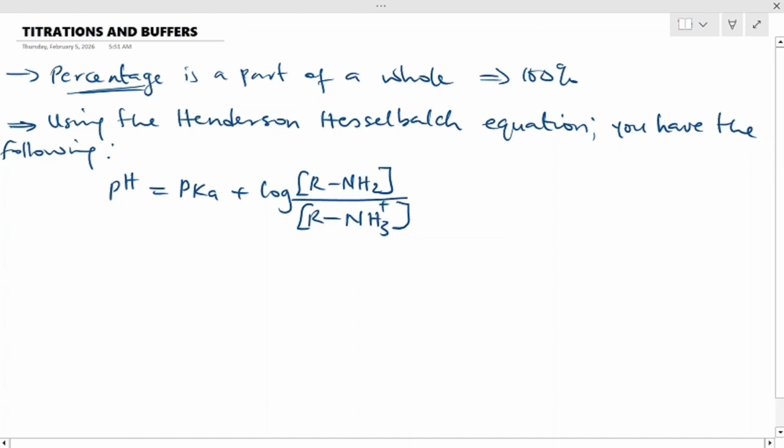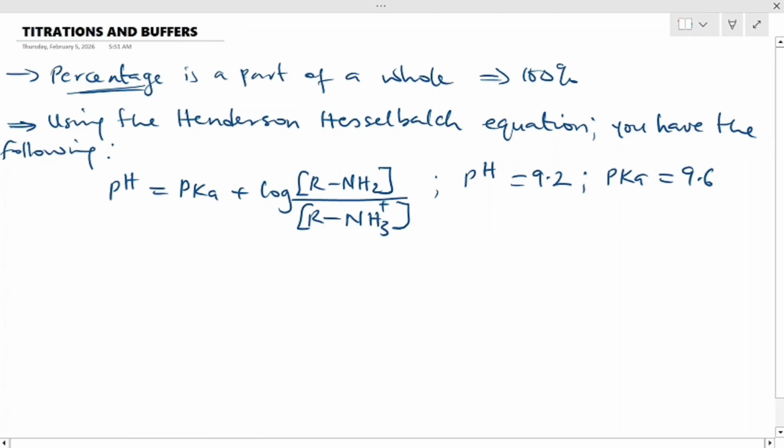So applying that Henderson-Hasselbalch equation, we are given a pH equal to 9.2. We are also given a pKa, which is equal to 9.6.